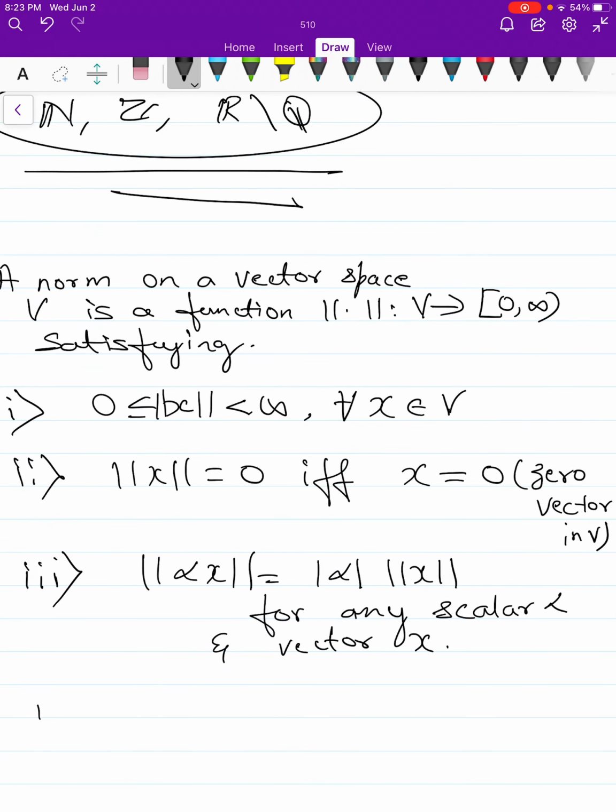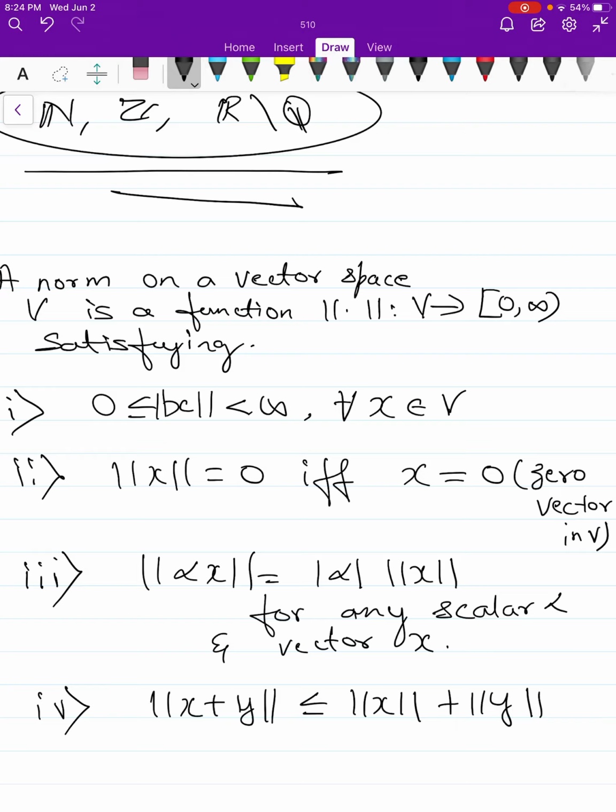Fourth would be the triangle inequality again: norm of x plus y is less than or equal to norm x plus norm y. If any function from V to the semi-closed interval 0 to infinity satisfies all the four properties, then it is called a norm.